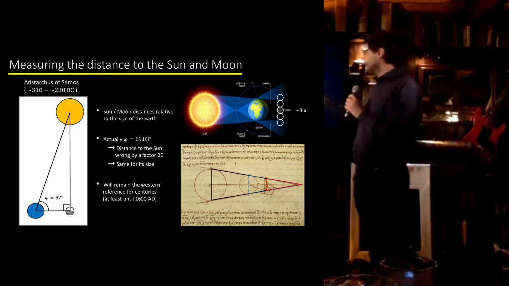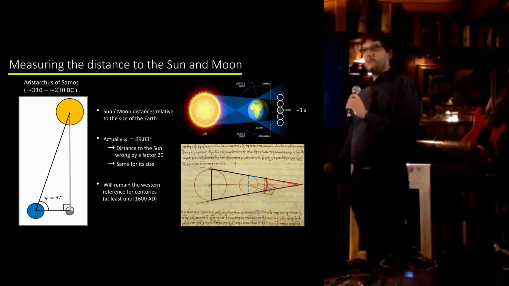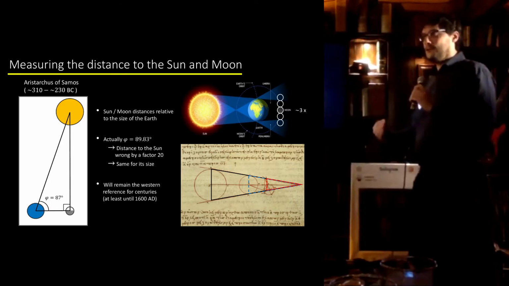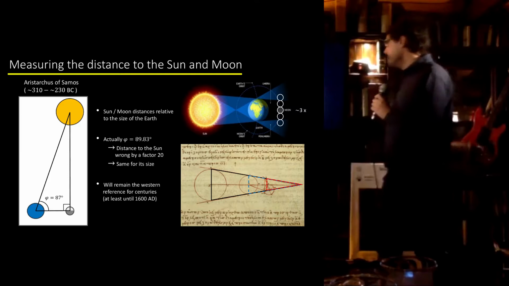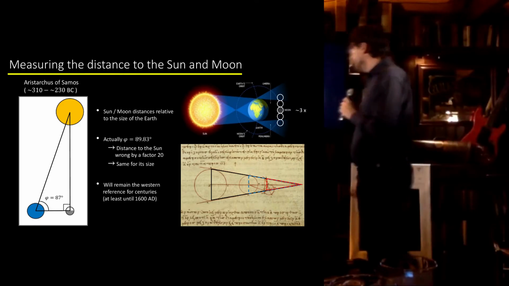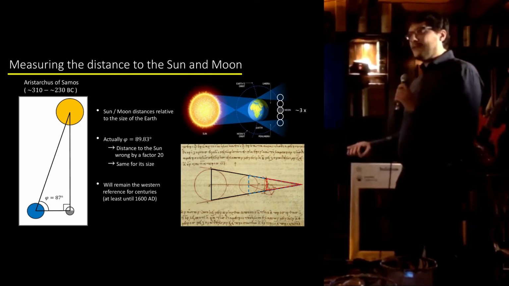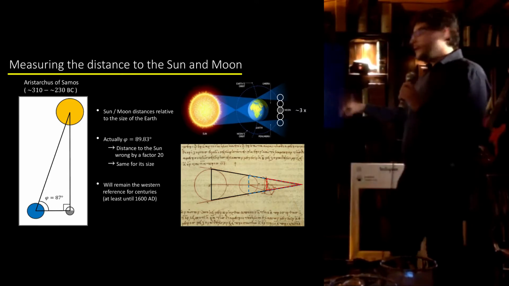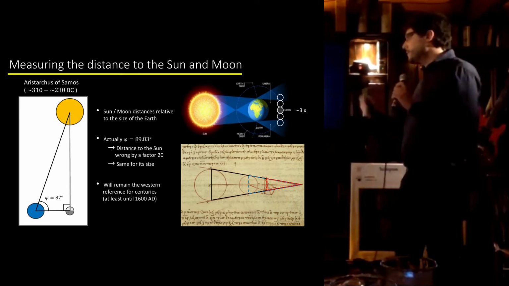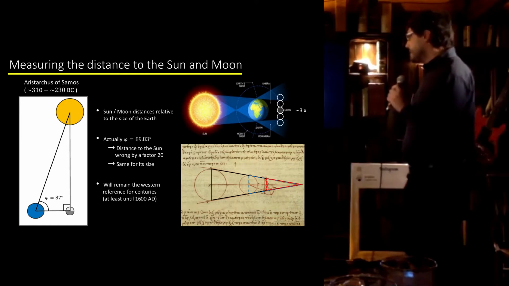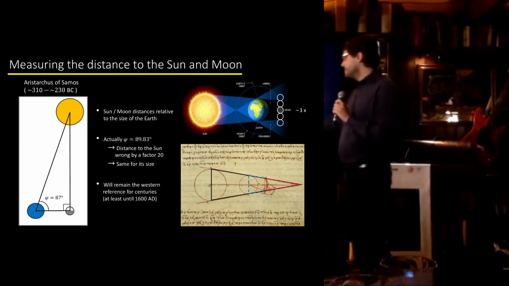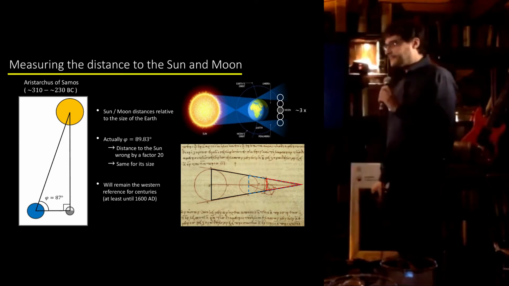So that means his scale for the distance of the sun was wrong by a factor 20, times closer than we know it is today. Same for the size of the sun. And unfortunately, this remained the reference for Ptolemy and all the later astronomers, and remained the reference until almost the 17th century.